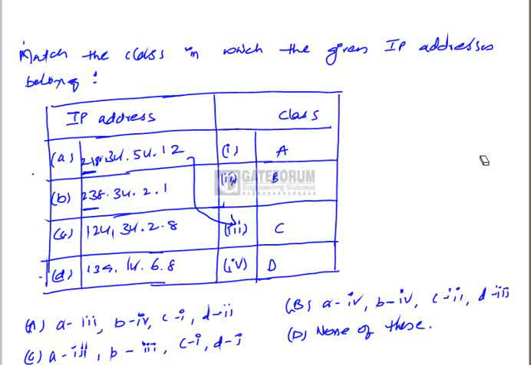Here the first octet is 238 and this belongs to class D. Here the first octet is 124. This belongs to class A. And here the first octet is 139, which belongs to class B. So here the correct option is option A.